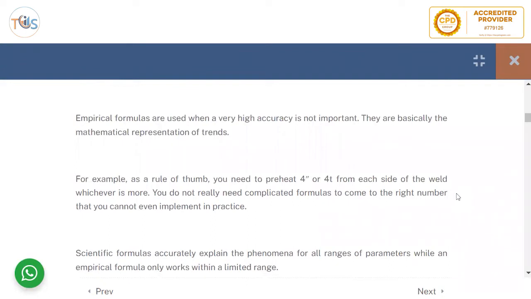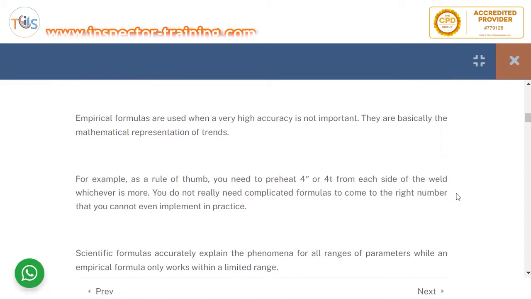So for example, a recommended practice would always say if you want to preheat, do 4 inch or 4T, T being the thickness of the component, from each side of the weld, whichever is more. It's not coming with a very scientific calculation telling you why that is the case. It just tells you that's it, and you take it at face value.